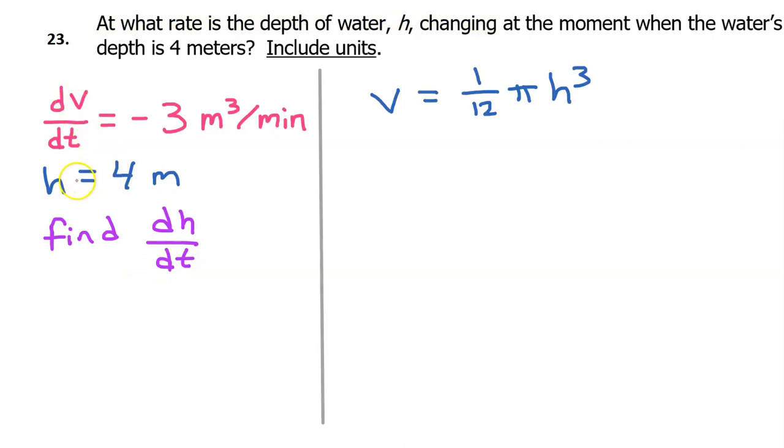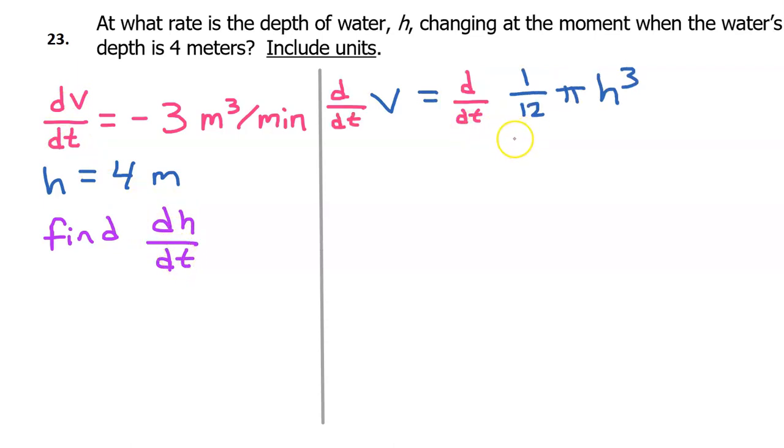Looking at the variables in our inventory, I see that we need a relationship connecting volume and height. Let's use the simplified formula for volume that we found in problem number 22. Volume is equal to 1/12 pi h cubed. Let's go ahead and take the derivative of both sides with respect to t so that we can make dV/dt and dh/dt appear.